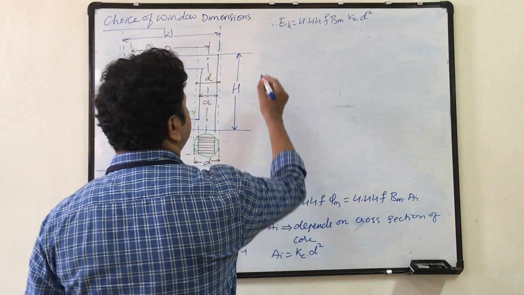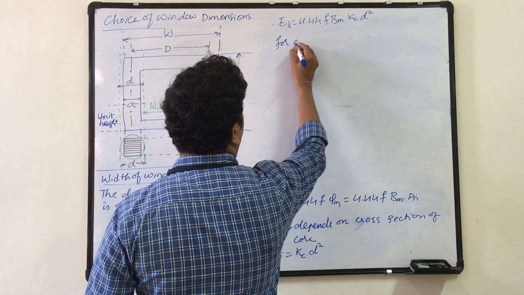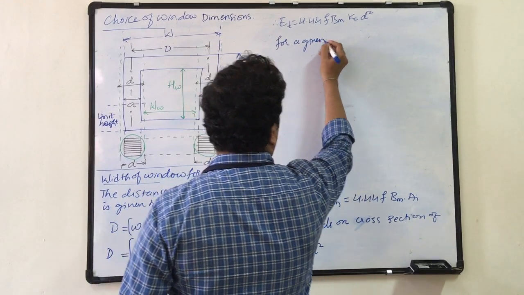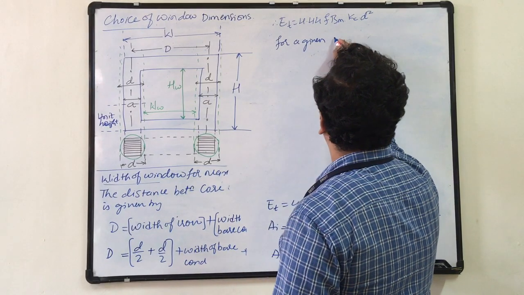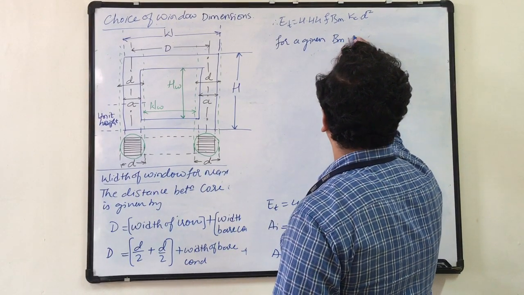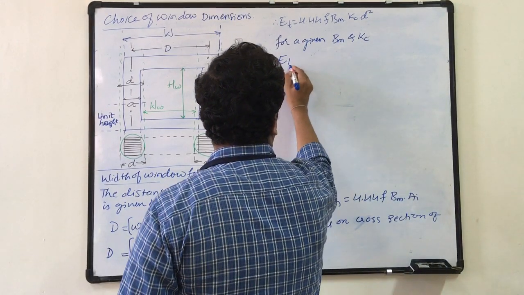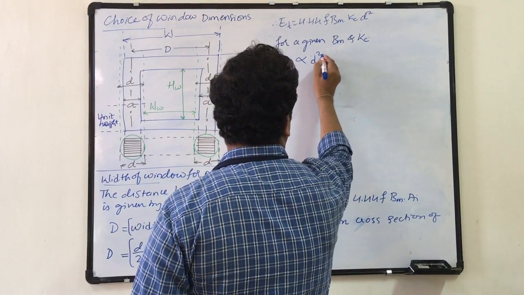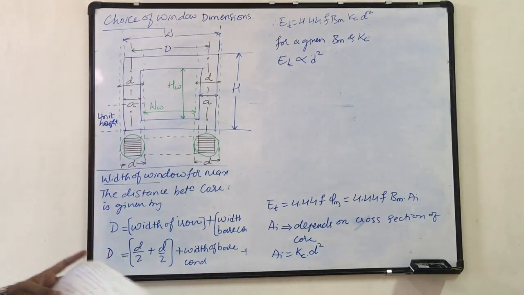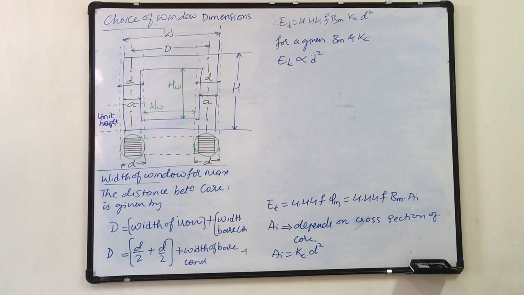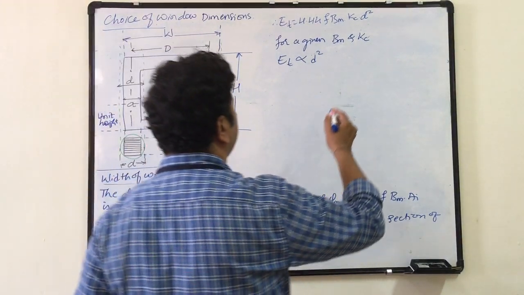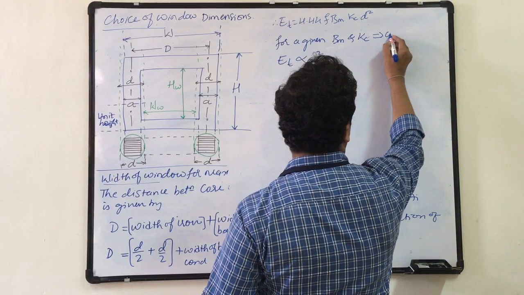So for given Bm and Kc, ET is proportional to d square. For given Bm and Kc, which will apparently remain constant throughout the design. These are constants.